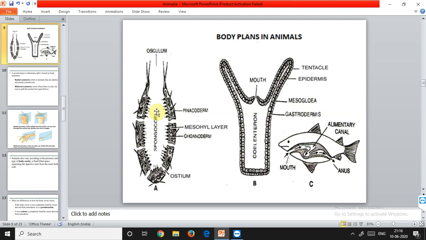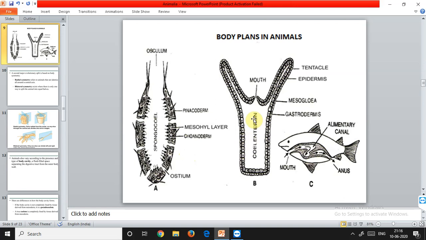That's why, with no coordination, there are no tissues or organs. The members of the phylum Porifera, the sponges, exhibit this type of body plan. So this is the simplest one, the cell aggregate plan. It is found in sponges, the Porifera, and the cells are not coordinated together. Therefore, there is no true tissue system.